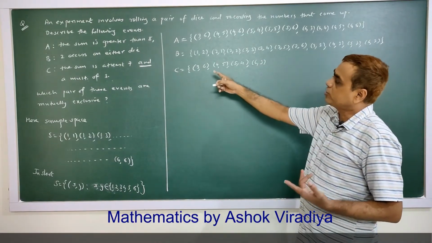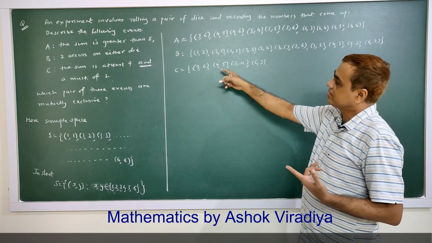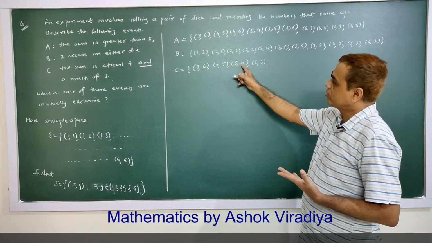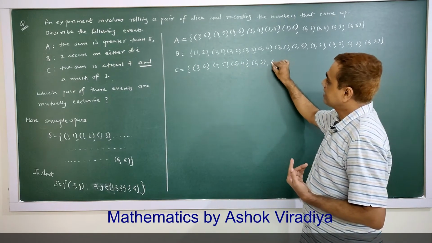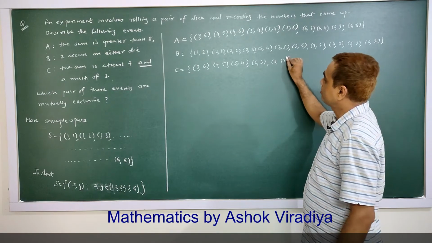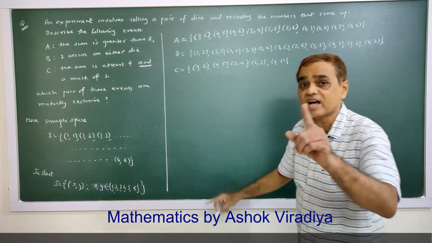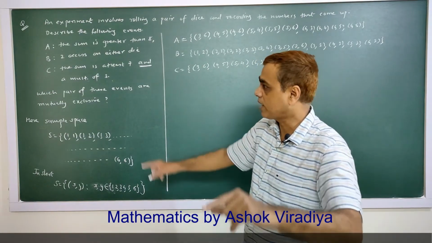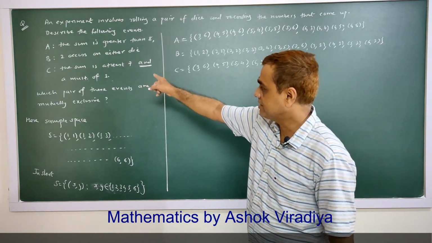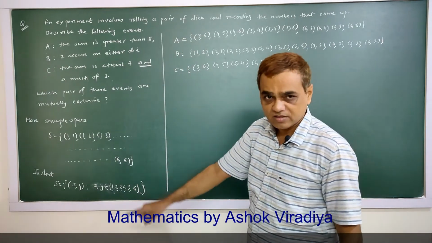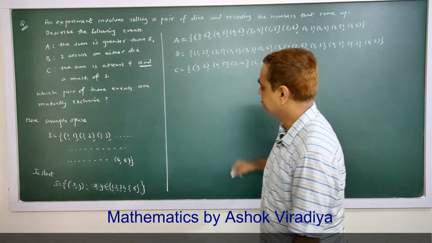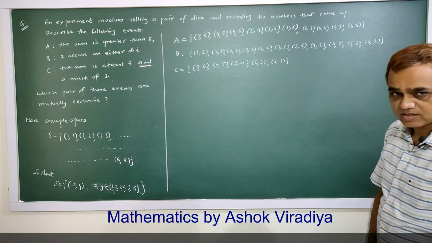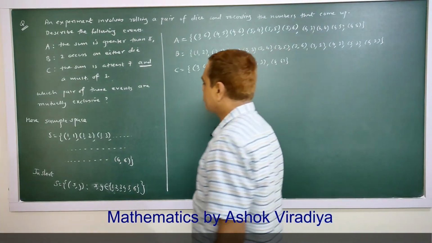So 3 6, 4 5, 5 4, 6 3, and 6 6, here the sum is 12. So these are the elements whose sum is 9 or 12. If the sum is 9 or 12, that means the sum is at least 7 and a multiple of 3. So the condition for C is satisfied. So A, B, C are the required events.